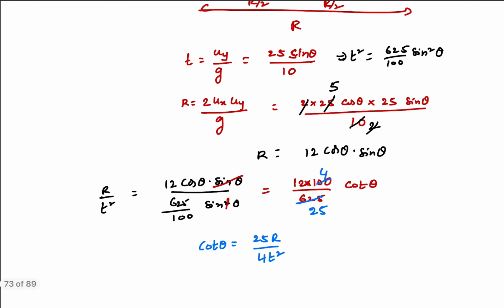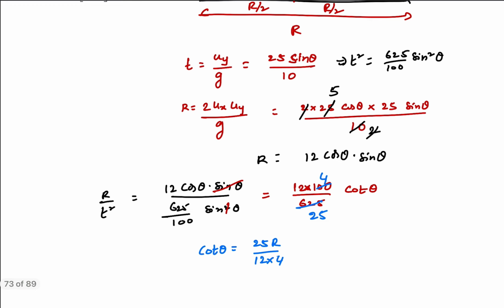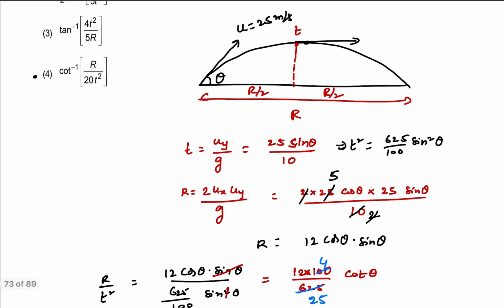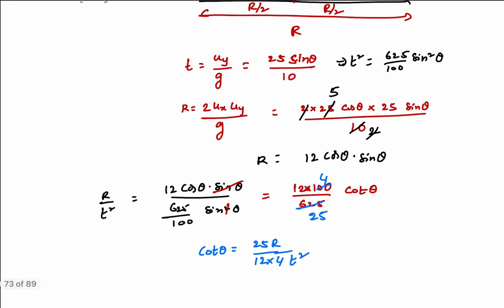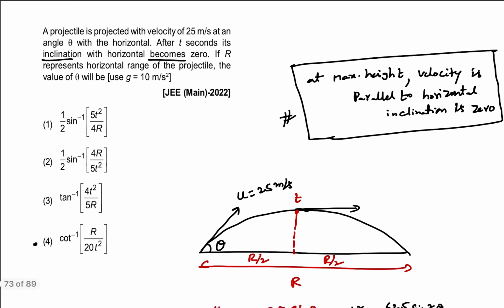12 into 4 is there, no? 12 into 4, r into r by t square is there. You can write it as r by t square. Just observe that somewhere I have written the values of this 25 and 4 cot theta value. You substitute those values.